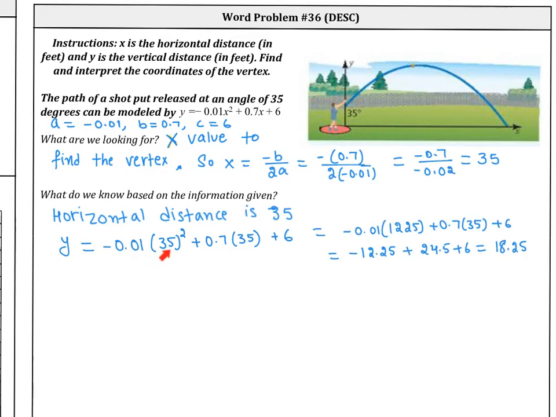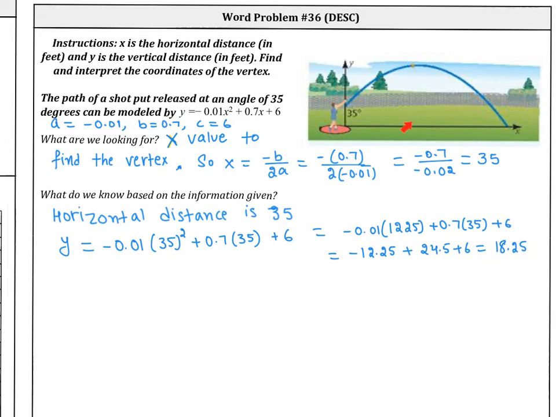When you plug in 35 for x, 1225 multiplied by negative 0.01 gives negative 12.25, and this expression is 24.5 plus 6, and you're going to get the y value as 18.25.